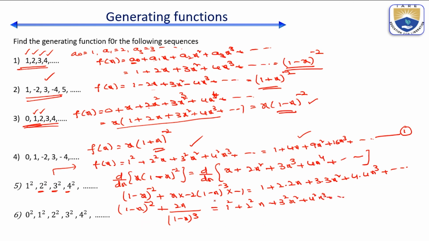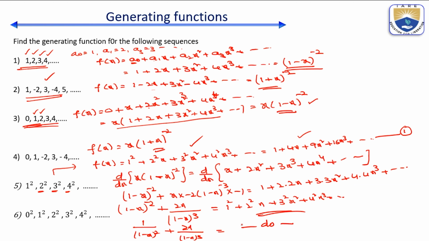So now, whatever equation 1 we have, the same expression. If I simplify this, it is 1 by (1 minus x) whole square plus 2x by (1 minus x) whole cube, which equals this expression.